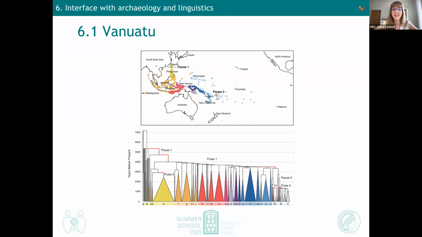So you will recognize, hopefully, this graphic where they could show from the linguistic variation and the linguistic tree how Austronesian languages were spread across near and later also remote Oceania. And in this study, it's particularly about Vanuatu, which is an archipelago right on the border of near Oceania.